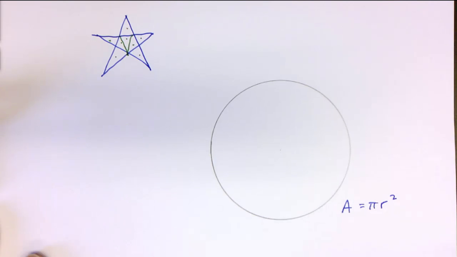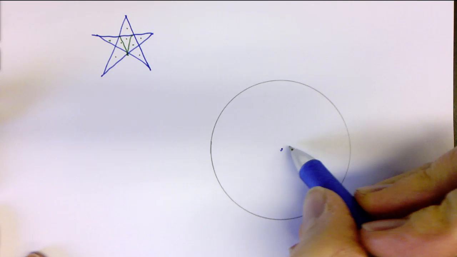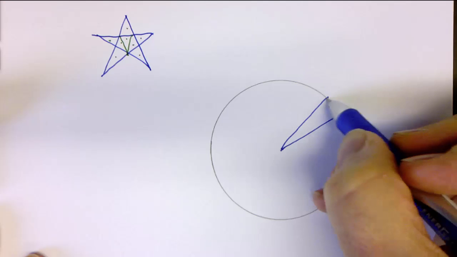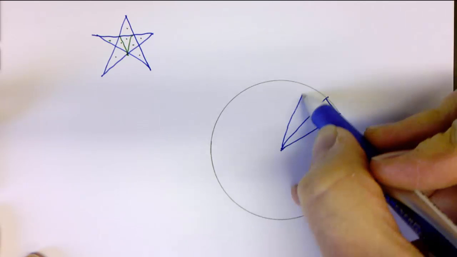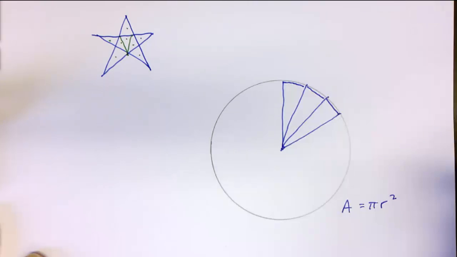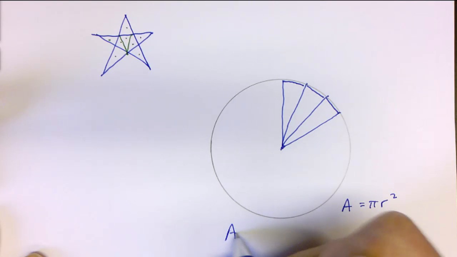Well, where on earth does that formula come from? Well, that formula comes from a limit process, the same kind of limit that we've been learning about in calculus. And that limit is, if I divide this thing up into lots of triangles, I can make them all the same size. Right. And if I continue around like that, I'll get an approximation of the area. And as I fill in more and more of these triangles and make them smaller, the area would be the limit, as the number of triangles approaches infinity, of the sum of the triangle areas.